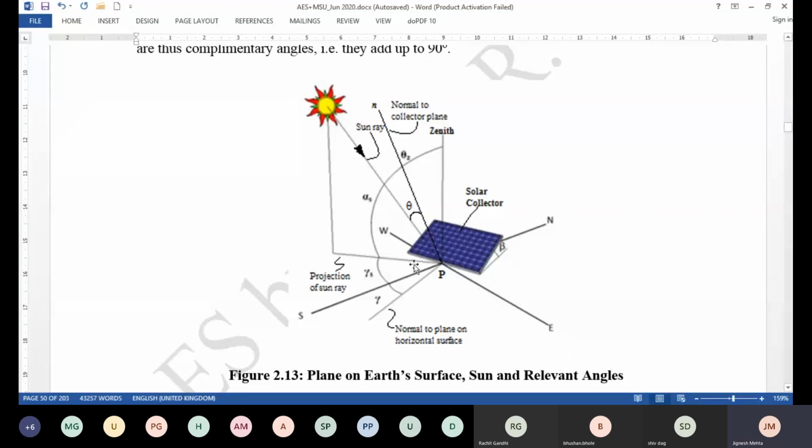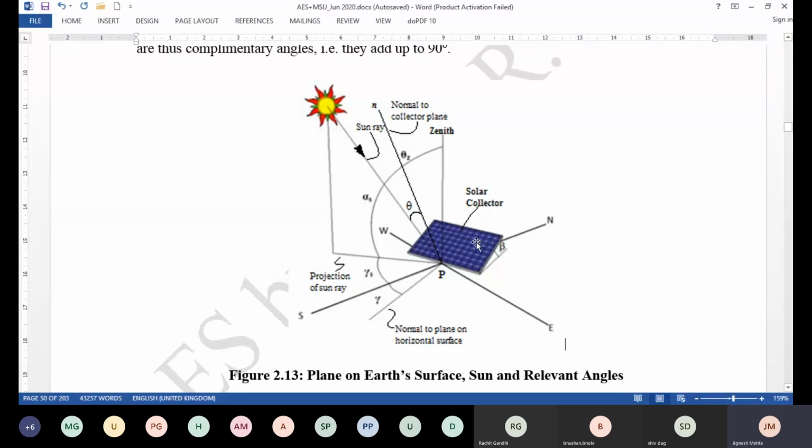Here a plane is shown, and this plane can be a solar collector, the surface of the solar collector. You can assume it to be, let's say, the solar photovoltaic panel, or it can be the flat surface of a solar flat plate collector, which may be used as a solar water heater, for example, right?